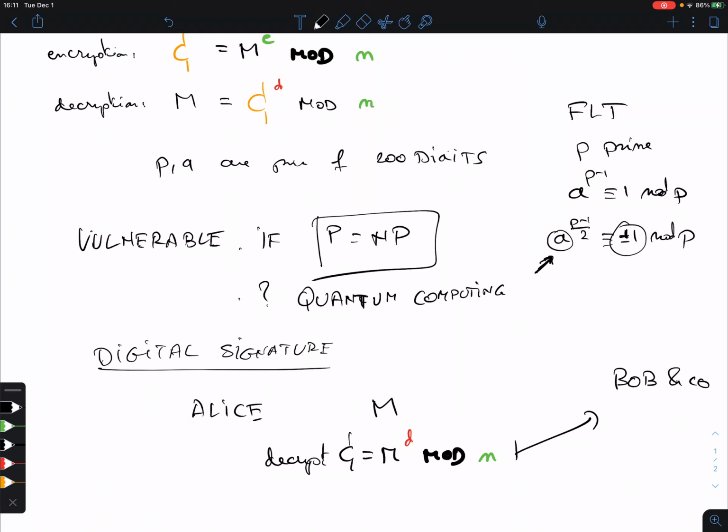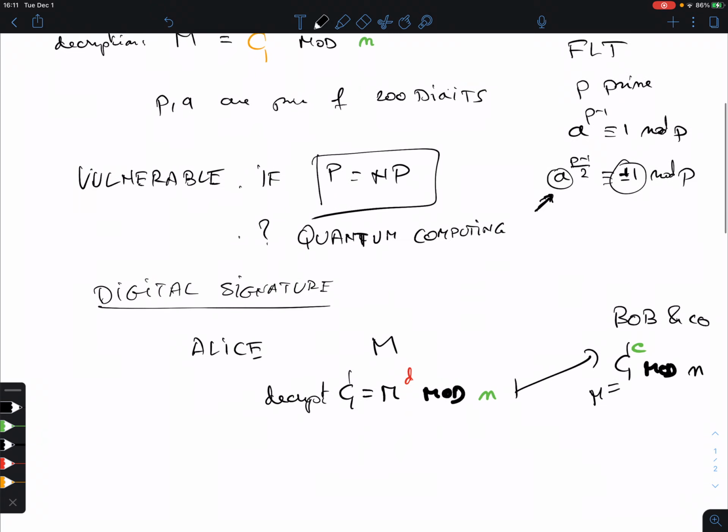Now, if Bob wants to know what the message is, what he has to do is now encrypt it. So what he usually would do when he encrypts, he takes C to the power E mod N, and that will produce M.